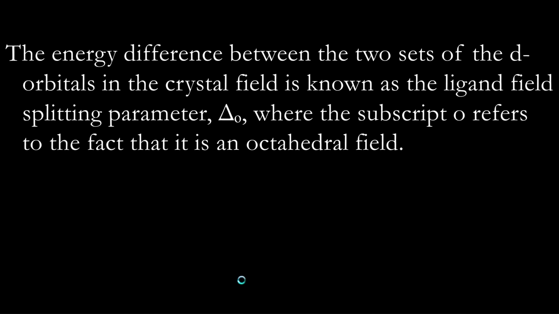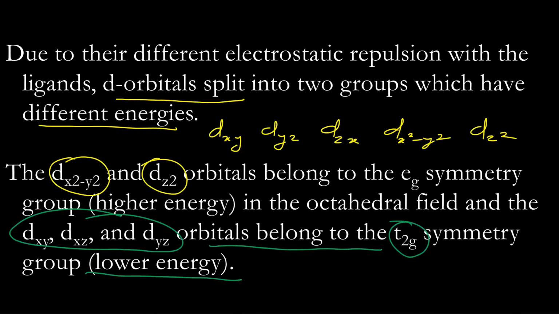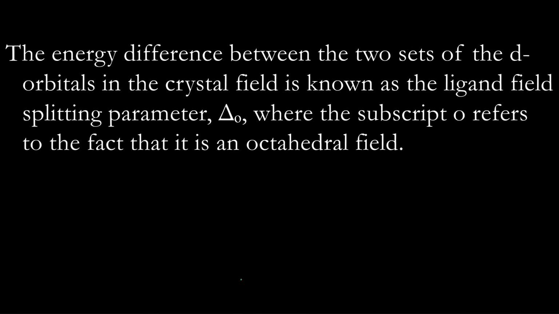So for the octahedral field, T2G is more stable. It will be on the lower side, and Eg will be on the higher side because that will have higher energy. The energy difference between the two sets of d, between T2G and Eg, is known as the ligand field splitting parameter and it is denoted by delta naught.